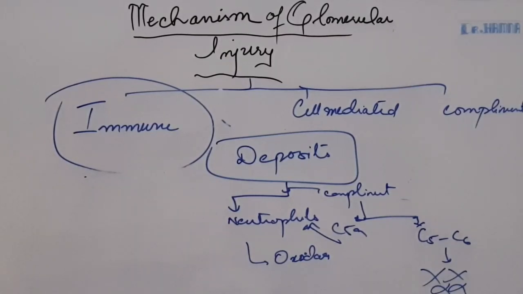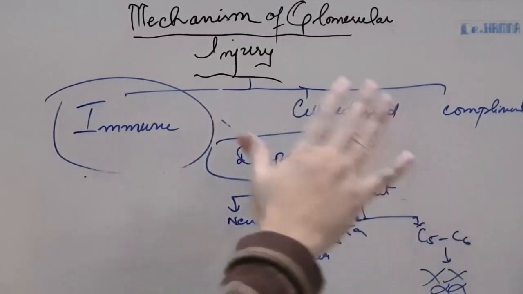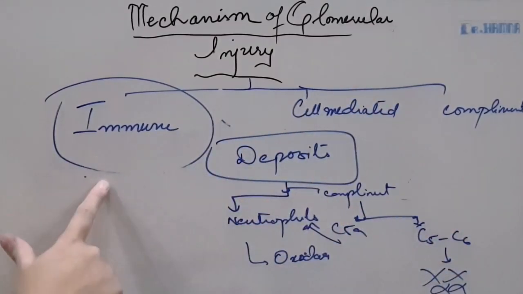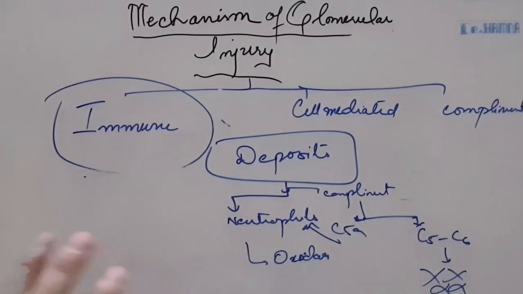Then we came towards the mechanism of the glomerular injury. There were three main mechanisms, and the most important mechanism is immune mediated. Immune mediated has three subcategories. First one, antigens within the glomerulus, and circulating antibodies bind to that antigen. Second mechanism, exogenous antigen was deposited on the glomeruli, and then antibodies bind to that.